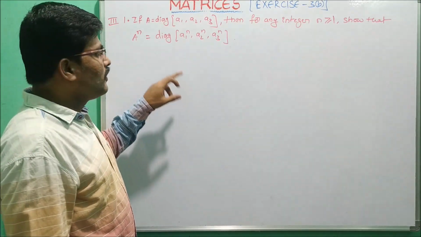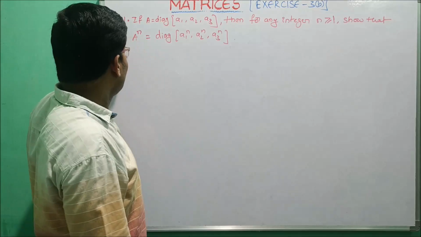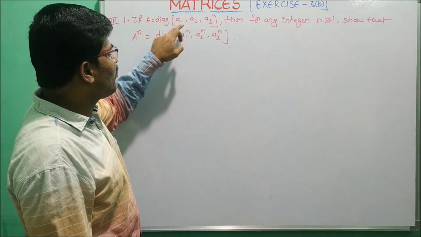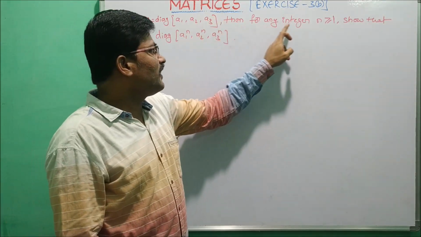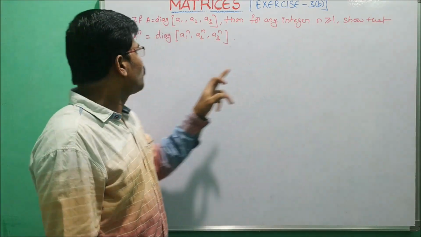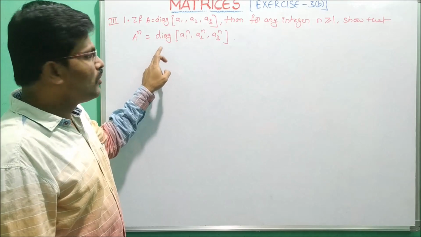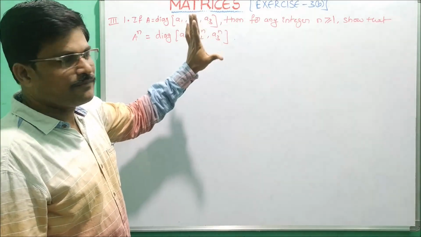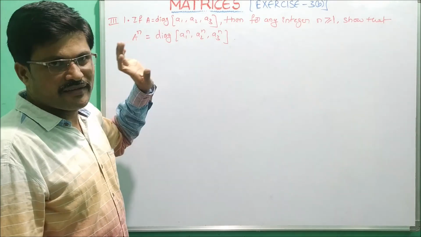Now here in exercise 3b, third Roman first problem: if A equals diagonal of a1, a2, a3, then for any integer n greater than or equal to 1, show that A power n equals diagonal of a1 power n, a2 power n, a3 power n. Here diagonal means diagonal matrix.